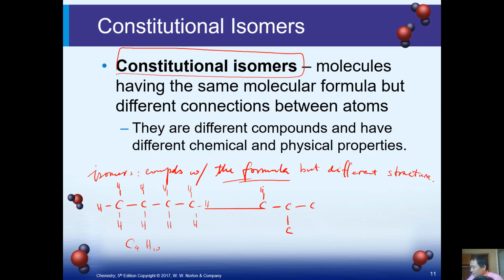When you write the hydrogens and then do the formula, you will notice that it has exactly the same formula, C4H10. But apparently, when you compare these two structures, they have different connectivity. The carbons are connected in different ways, and some hydrogens are connected in different ways as well. So these two isomers are called constitutional isomers because the connectivity between atoms is different.